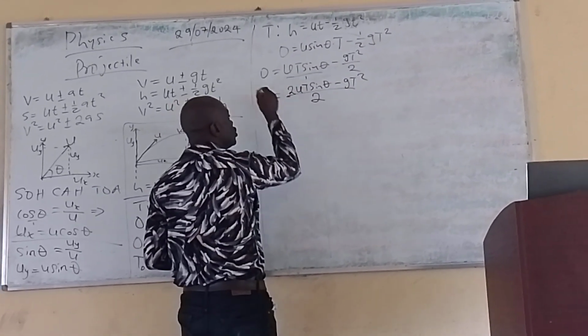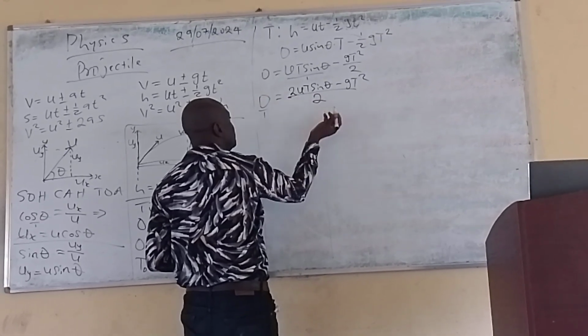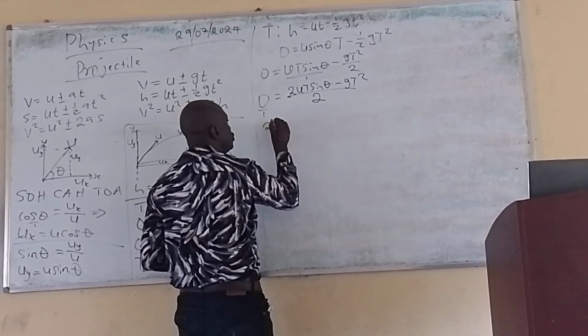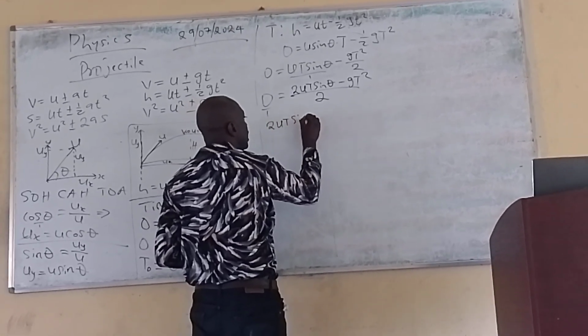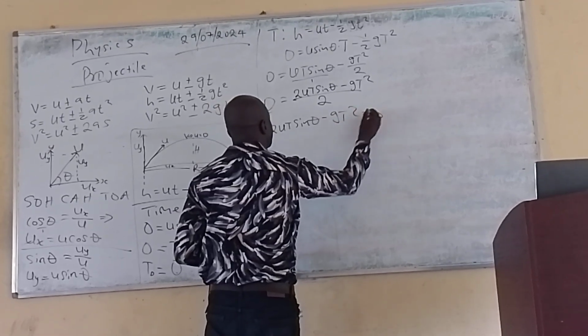Then 2 times 0 will be 0. So we now have 2ut sine theta minus gt squared is equal to 0.